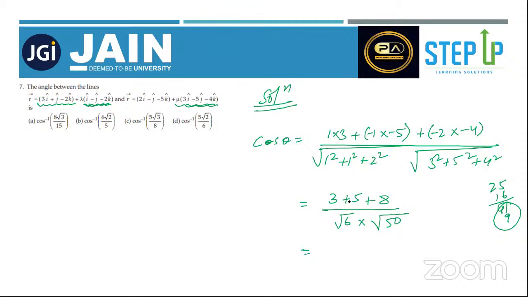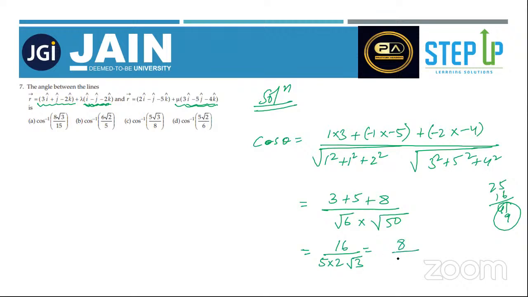So how much are we getting here now? 8, 8, 16. From here, if I take 25 common, 25 means 5 out. It will become root 2, and root 2 will cancel, leaving root 3.